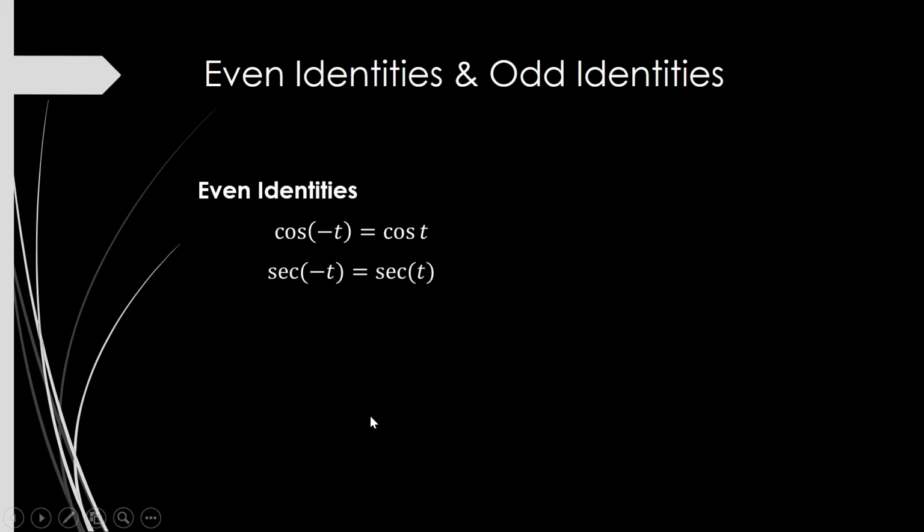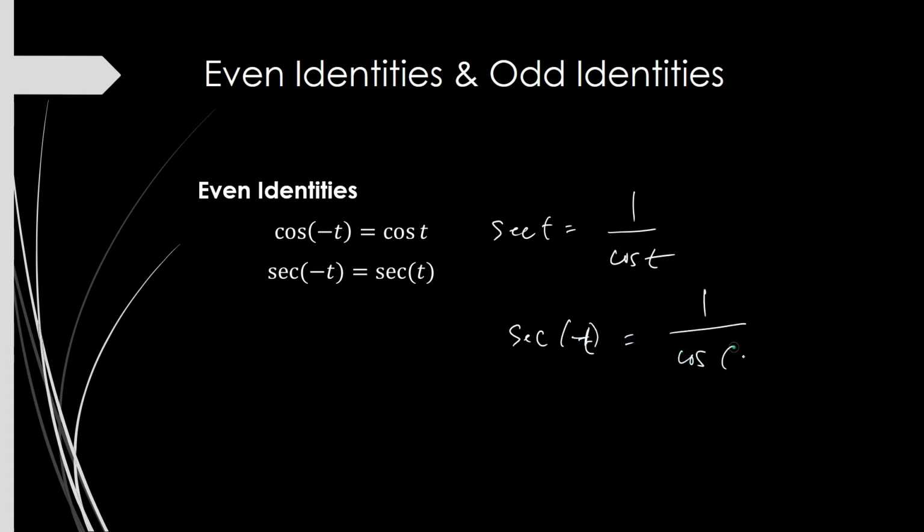What else? Obviously, it's also true for secant because secant is the reciprocal. So secant of t is 1 over cosine of t. If you have something like secant of negative t, that is equal to 1 over cosine of negative t, but cosine is an even function.